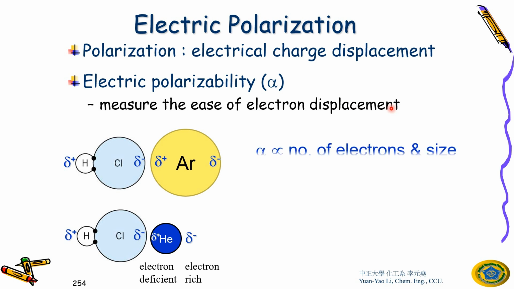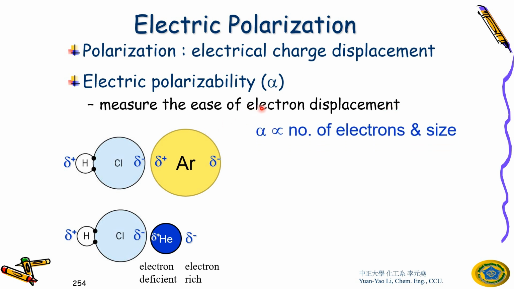Why is this so important? Because polarizability is proportional to the number of electrons and the size. If you have a bigger size, that means the separation will be bigger, and the interaction will be stronger, because these are far away from the center of the nucleus, right?